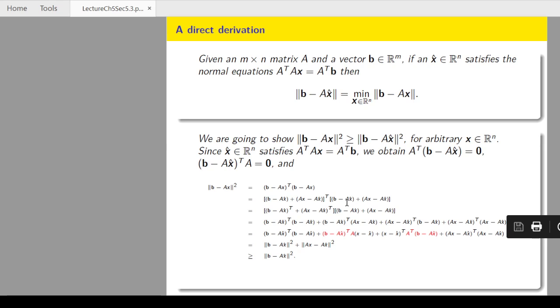And then here, this is the scalar product. We can take the transpose of each of these two terms. So we take the transpose of the first term and of the second term, but here this should be minus.